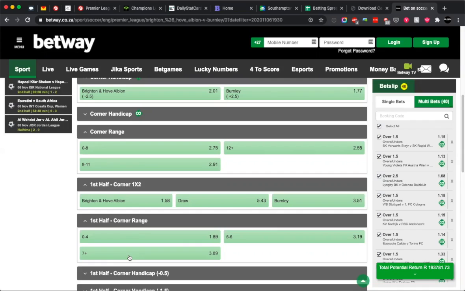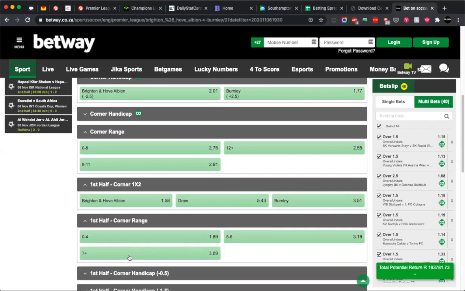I know it might look like a high odd, but a team like Aston Villa, they take a lot of corners and they concede quite a few themselves. So the corner range in the first half is another good market that you can look at. This is for teams that usually take a lot of corners. You'll find in the first half, they usually have between more than 5 and less than 10.